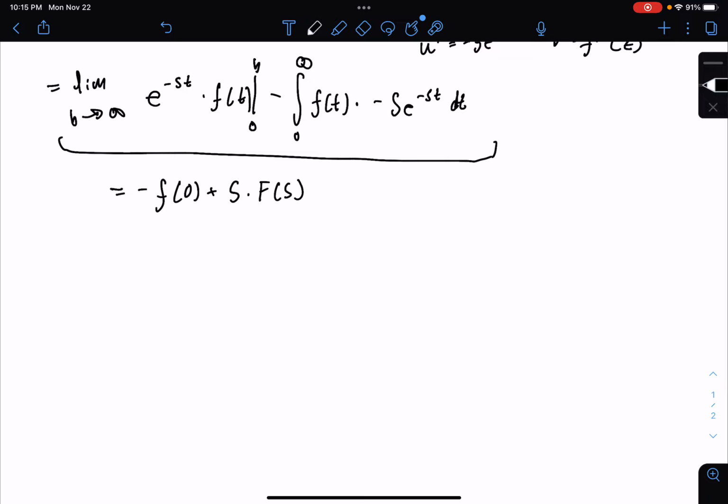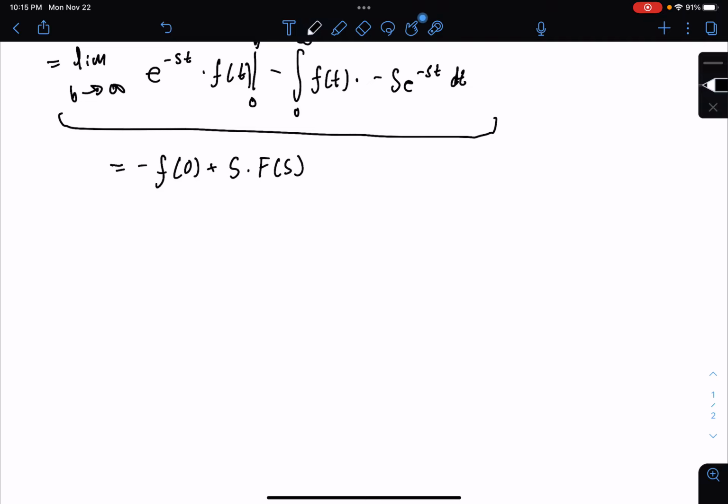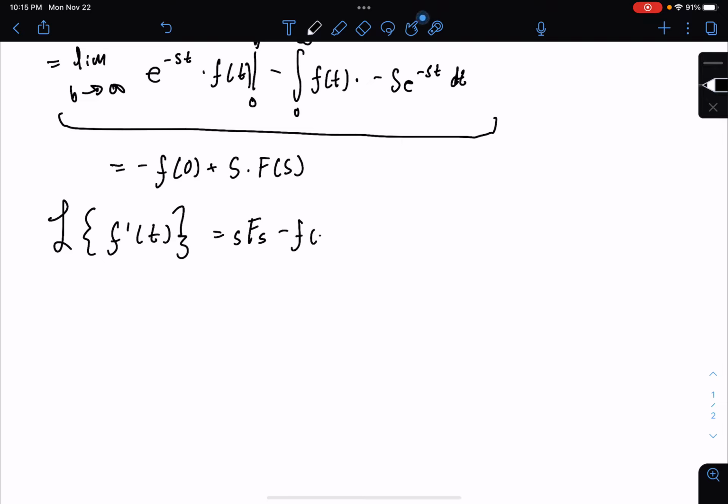So now we can start using our transforms. So we have the transform of f prime of t is equal to s F of s minus f of 0. I'm just rewriting the equation above.